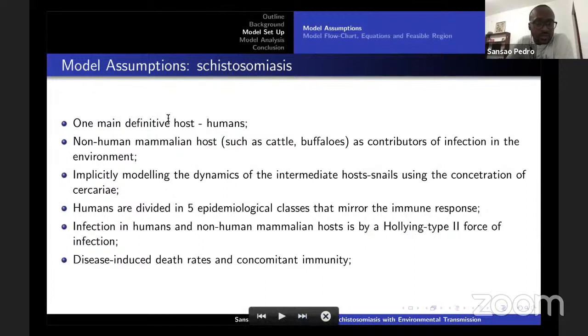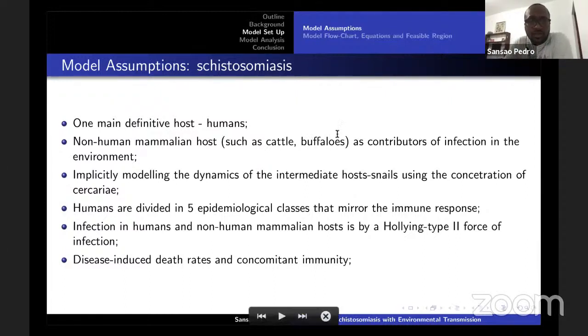Based on our motivations, we outlined the following assumptions to construct the model. We'll consider humans as the definitive host. We are also going to include a non-human mammalian host, since the disease is much more prevalent in communities with agricultural and fishing activities.